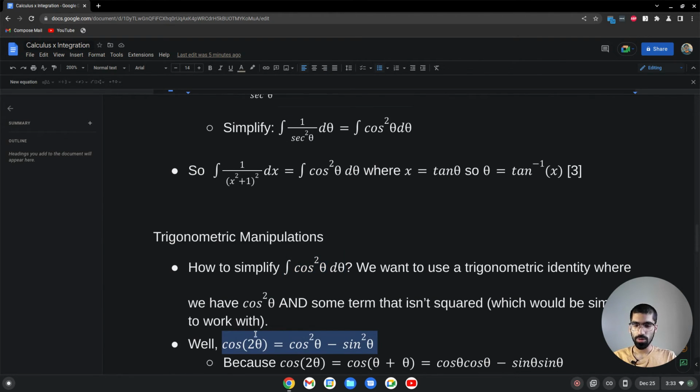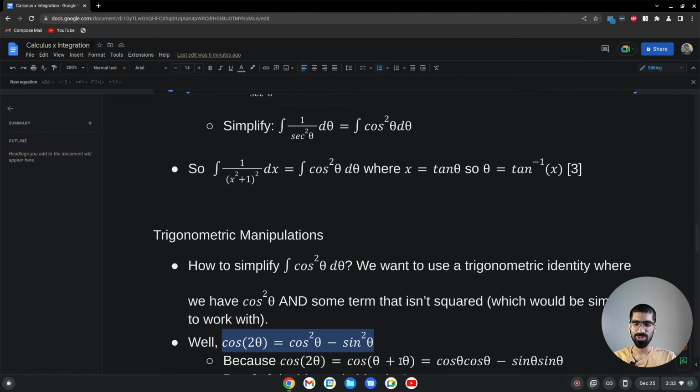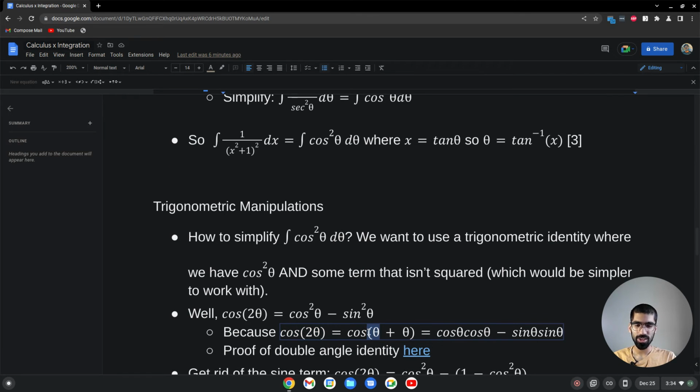The equation we're going to use is this one. So cosine of 2 theta, this is the double angle identity. It's cosine squared theta minus sine squared theta. If you want a proof of this one, well, it depends. Do you know the sum of angle identity? If you know this one, then cosine of 2 theta is easy, because you just have cosine of theta plus theta, and then this is just the sum of angle identities.